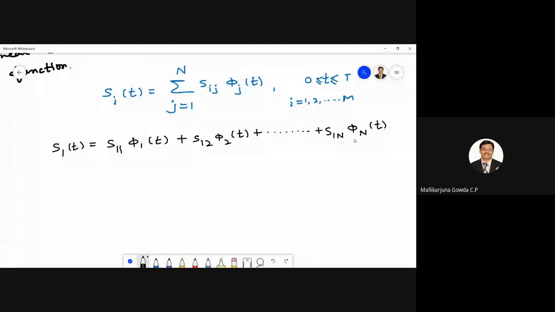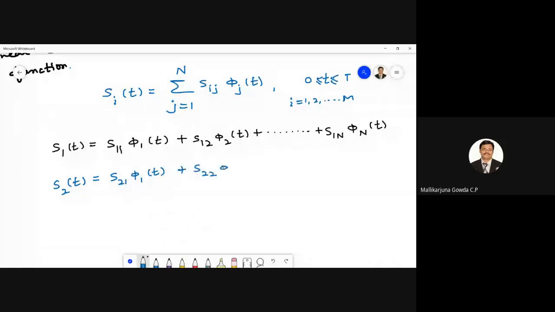Can any other student tell me what is the expression for S2 of t? S21 phi 1 of t plus S22 phi 2 of t plus dot dot dot plus S2n phi n of t.